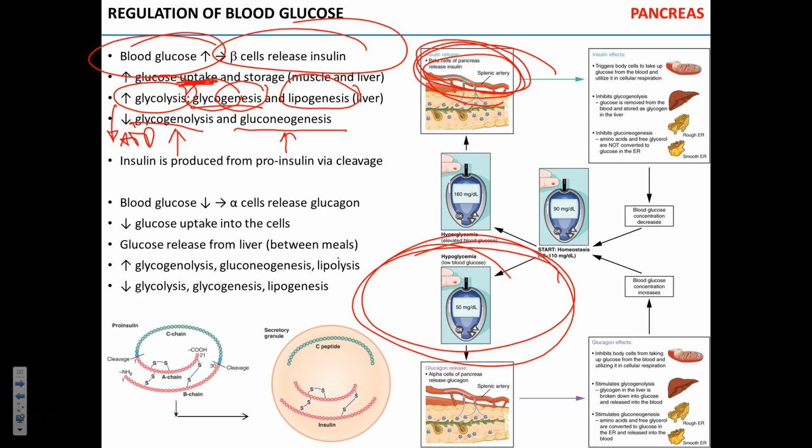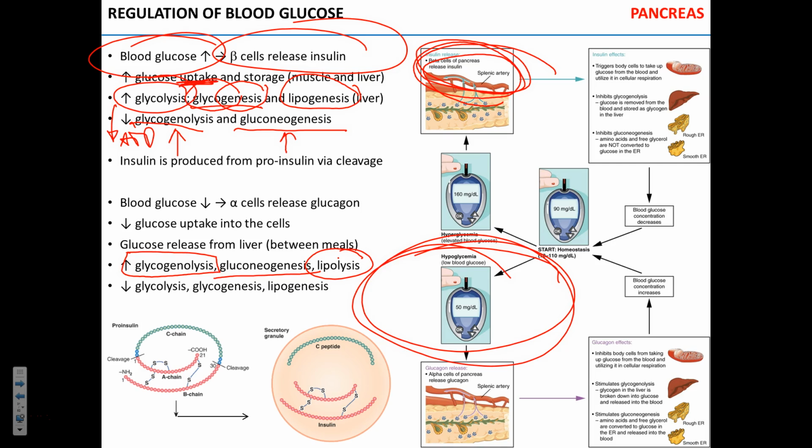So when glucose in the blood is low, glucagon, the hormone, signals to the liver and muscle to start breaking down glycogen. Make sense? Breaking down fats and making glucose from scratch.